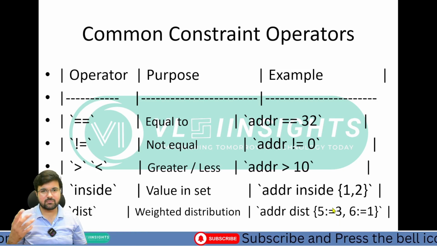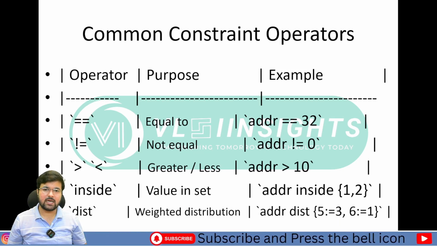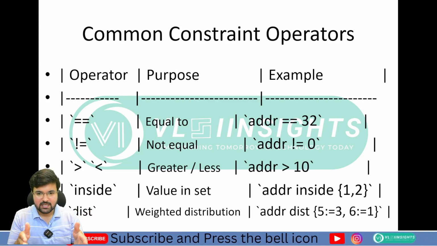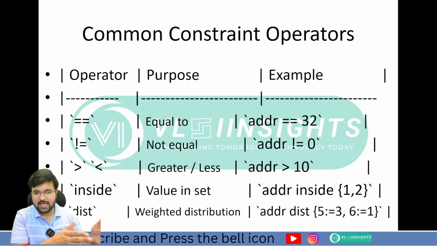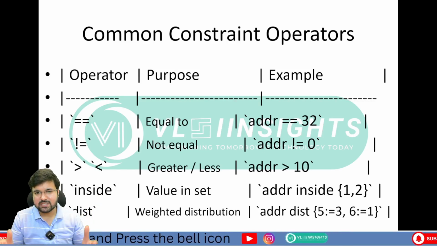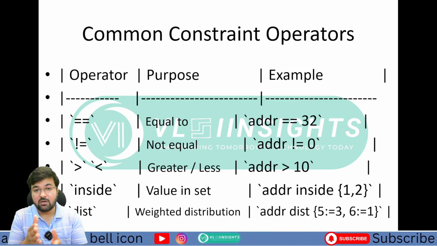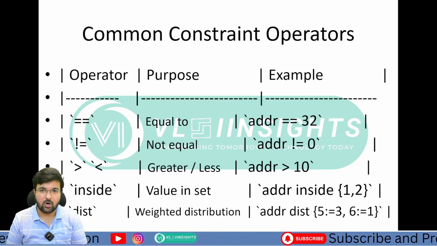It is related to the percentage or proportion, that out of 10 cases 5 should appear 3 times and 6 should appear 1 time. This is a possible condition we can also set up in constraint operations.